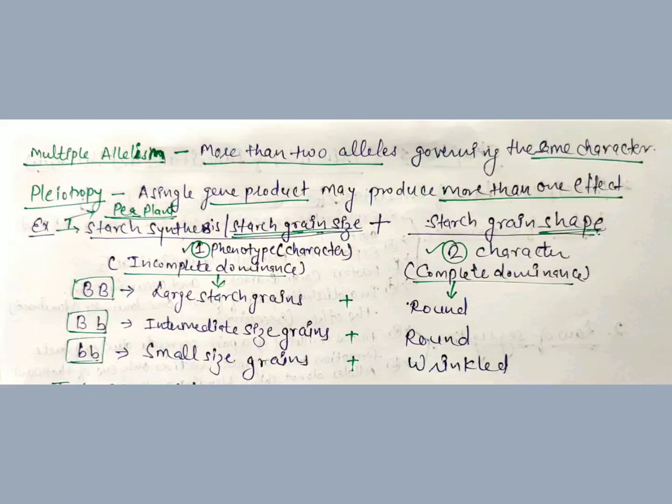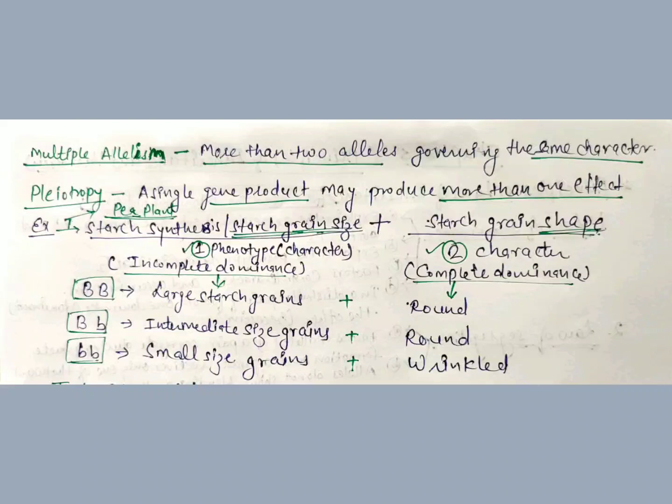If the genotype is capital B, it means that grain will be of large size and it will have round shape. If the genotype is capital B, small b, the starch grain size is intermediate and the shape is round. In small b genotype, the starch grain size is small and the shape is wrinkled.